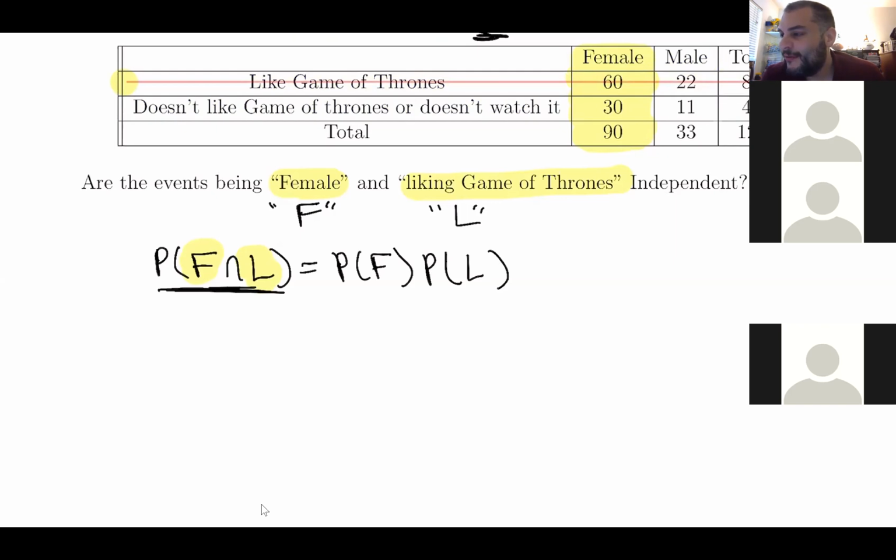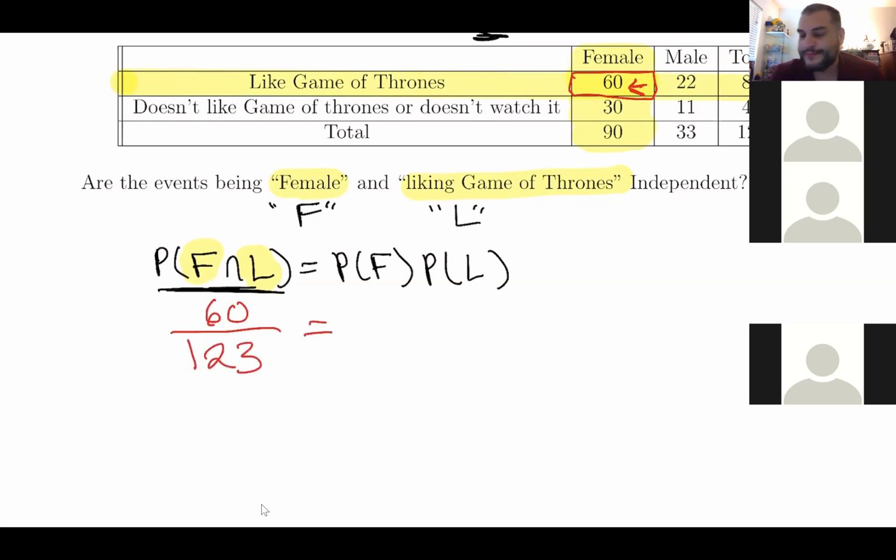I actually overlap this square right here. So this 60 represents female who like Game of Thrones. So here, I'm going to put 60, and then we're going to divide this by 123. Any question on where the 60 divided by 123 comes from?